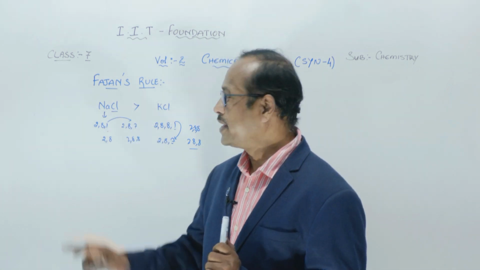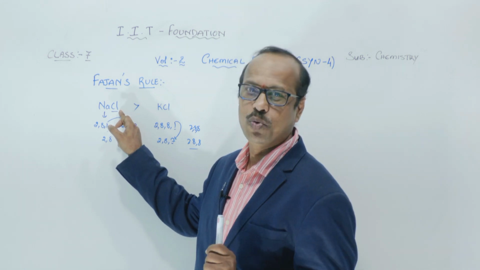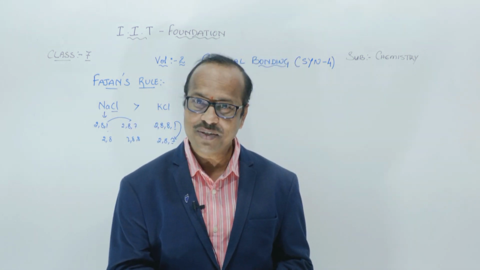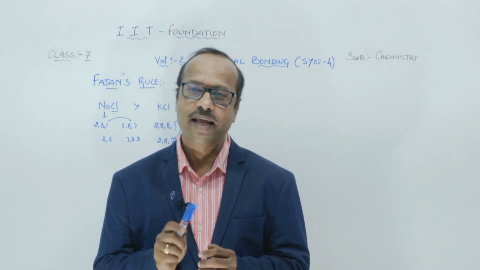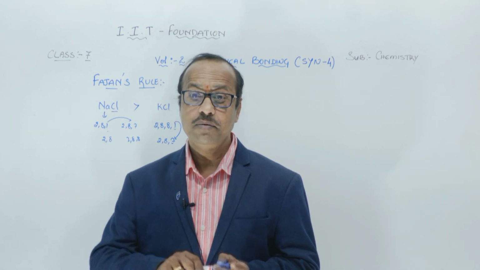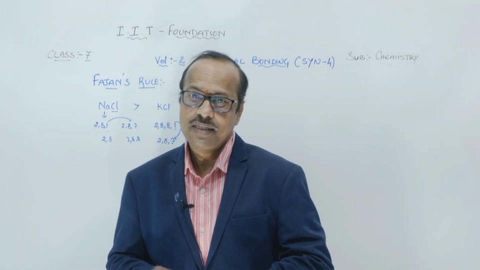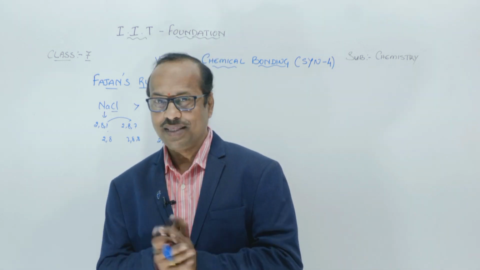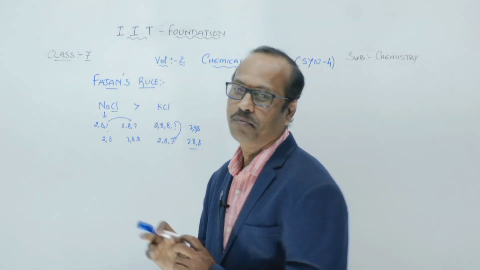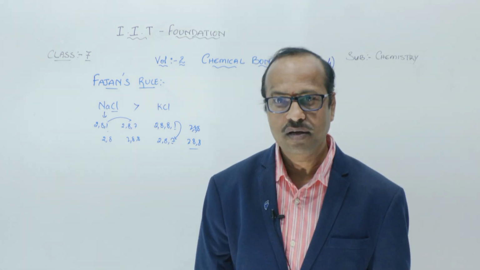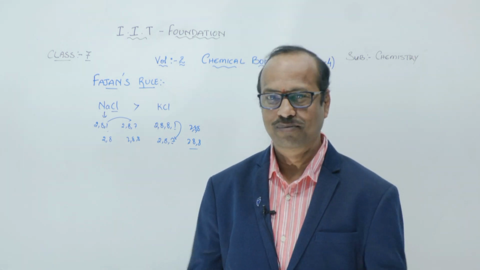So here also there is some covalent nature, and here also there is some covalent nature. Clear now? In ionic compounds there is some covalent nature, as well as in covalent compounds there is some ionic nature. To explain this, Fazan proposed some rules. That is called Fazan's rule.